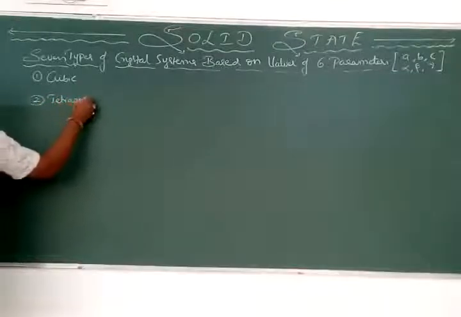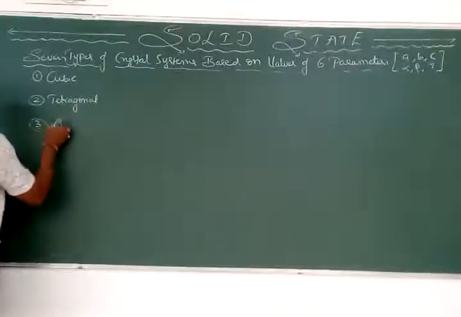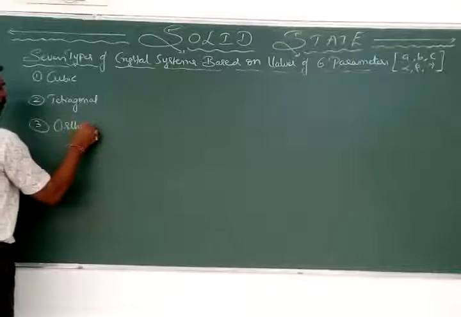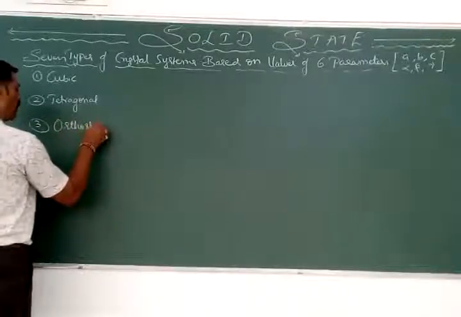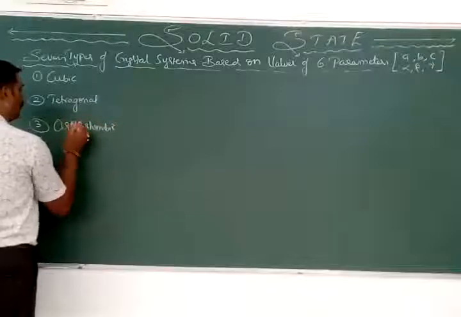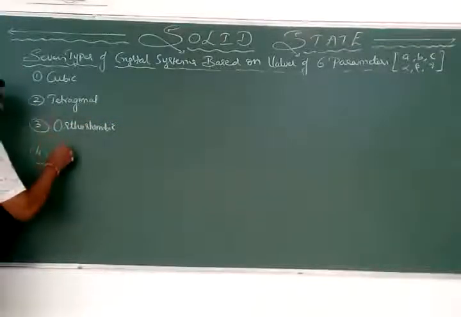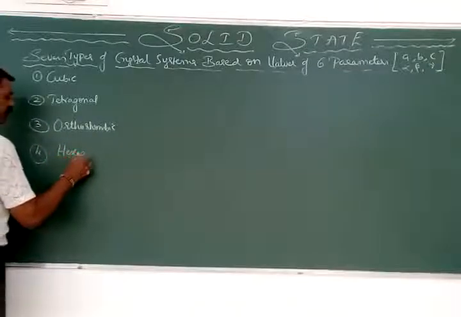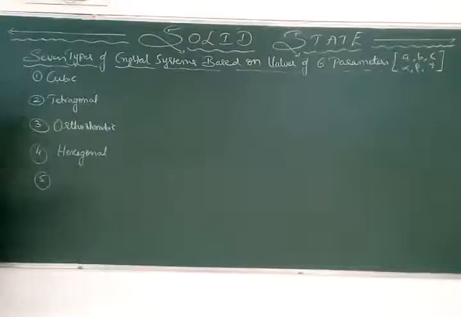Third we have the orthorhombic. Then we have the fourth one, the hexagonal crystal system. Then the fifth one is rhombohedral.